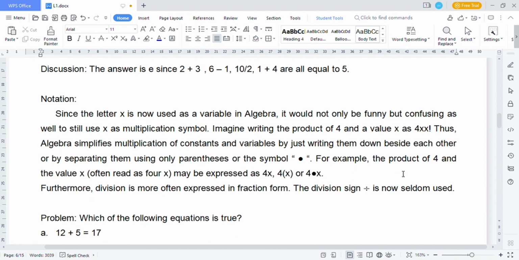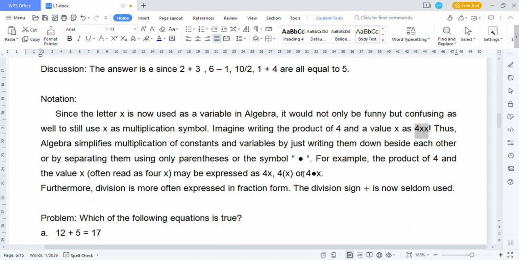For example, in algebra we can no longer use the multiplication sign, because it is x. So in algebra, we will just have to use either parentheses to indicate that they are multiplied, or the bullet. So it could be 4 times x written in those forms. We can no longer use the usual 4 times x because it would be confusing, since we are actually using x as our variable.